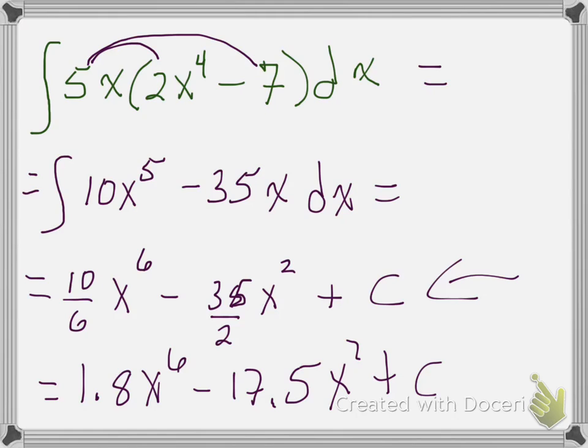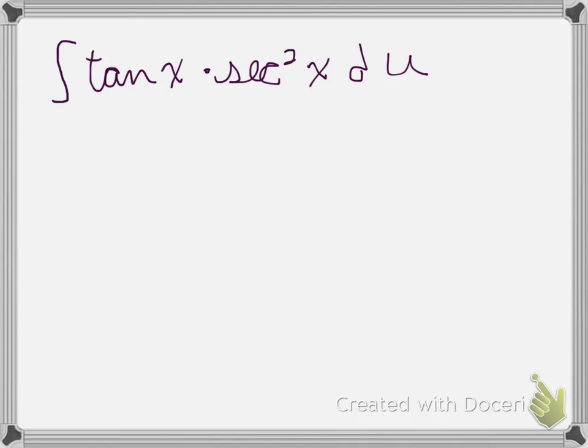Oh, let's see, what else would I know how to do? If I had something like the integral of the tangent of x times the secant squared of x dx, I would be sure to look at that and think to myself, ooh, I've got the tangent.